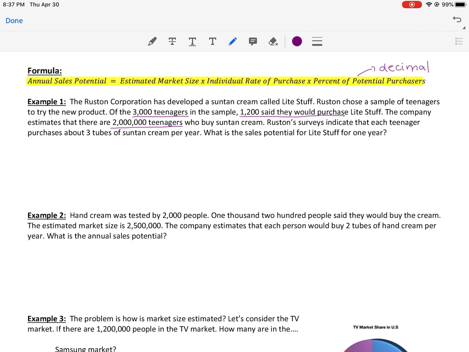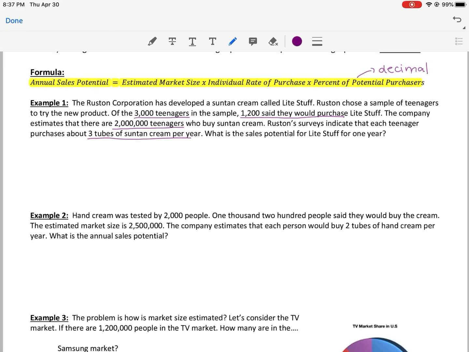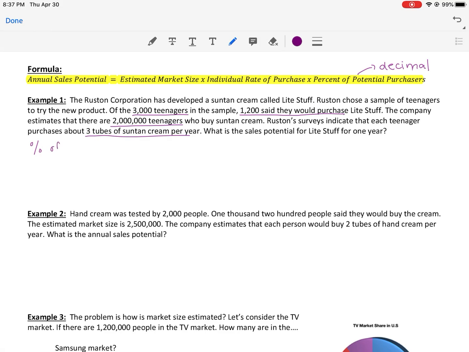And Ruston's surveys indicate each teenager purchases about 3 tubes of suntan cream per year. So let's first make sure we understand. The one thing we want to compute to begin with is the percent of potential purchasers.